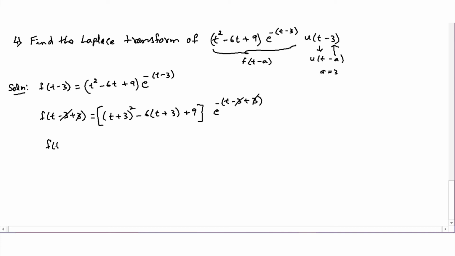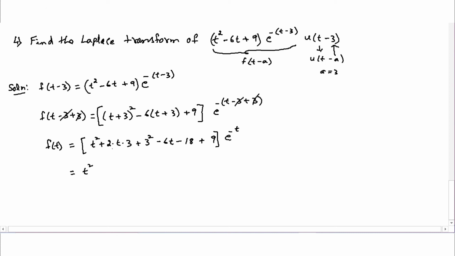So we will be getting f of t to be equals to, so this is the form of a plus b whole square. So it is a square plus 2 times a into b plus b square, which will be 3 square. Just multiply minus 6 inside, minus 6t plus, minus into minus will be minus, 6 times 3 will be 18, plus this 9 value will be as it is, times e power of minus t. Or further if you try to simplify, it is t square as it is.